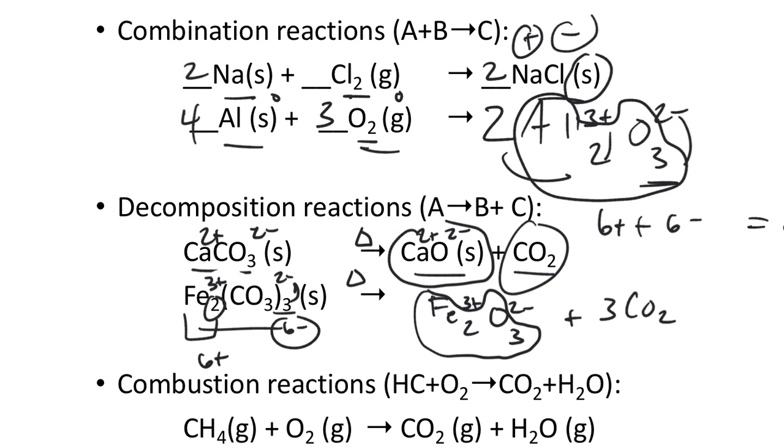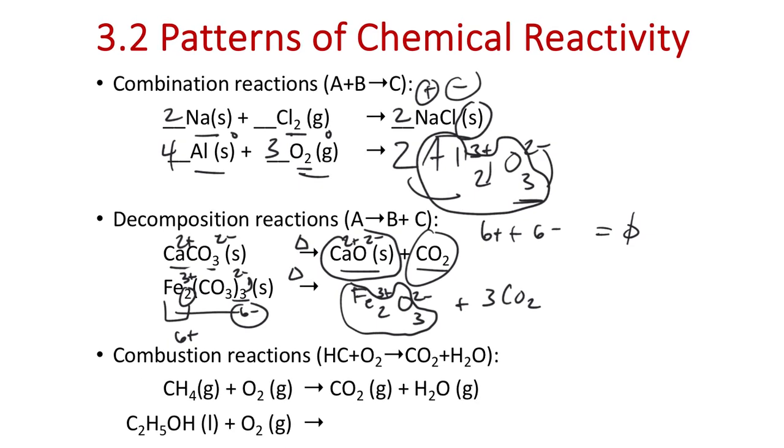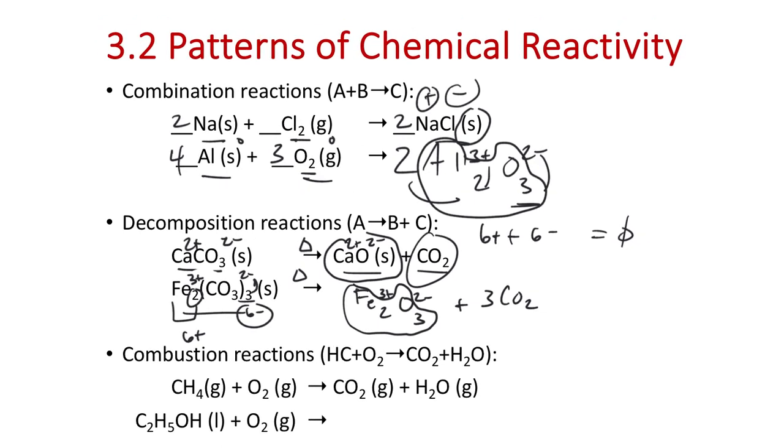So I get Fe2(CO3)3 forming Fe2O3 plus 3 CO2. So I've just taken 3 carbon dioxides off of carbonate, leaving behind the 3 oxide ions. And then this would be balanced as written. So that's just a basic decomposition reaction, or metal carbonates decomposing to metal oxides plus CO2.